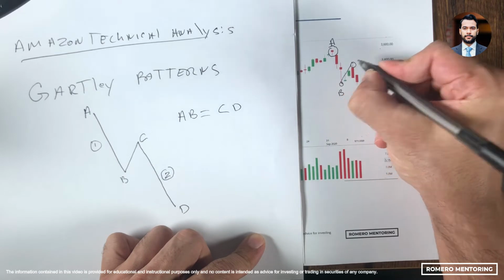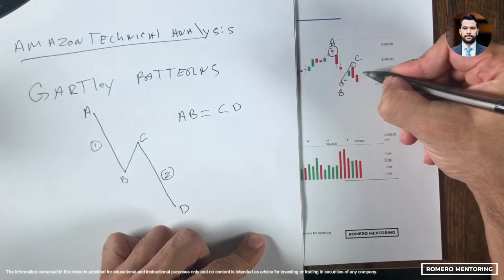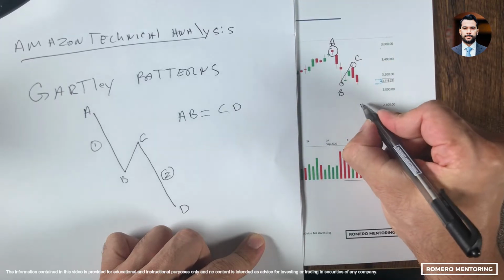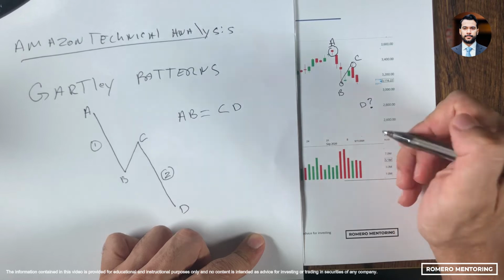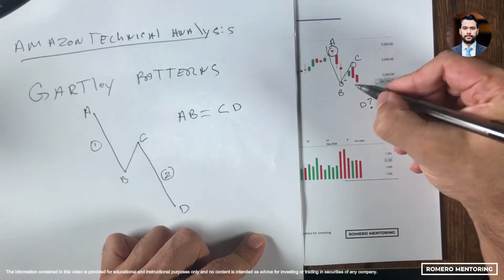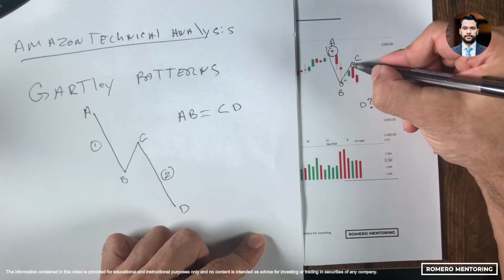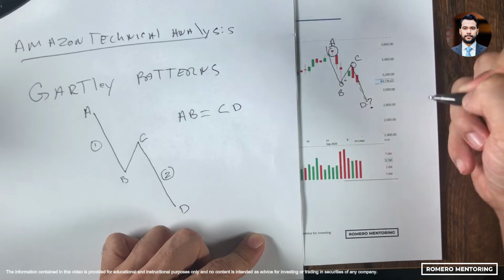Your high of this reversal is your C point. And now we're projecting what your D point move is, or your projected price target. So let me draw the example here: your A to B, your temporary bounce, B to C, and now we're trying to calculate your C to D move.